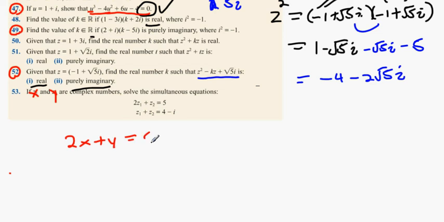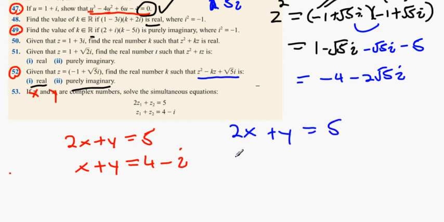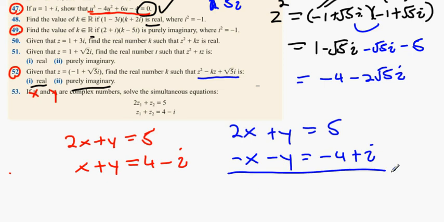So I'm going to get 2x plus y equals 5, and I'm also going to get x plus y equals 4 minus i. I'm just going to multiply the bottom one by minus 1, so I'm going to get 2x plus y equals 5, and then I'm going to get minus x minus y equals minus 4 plus i.